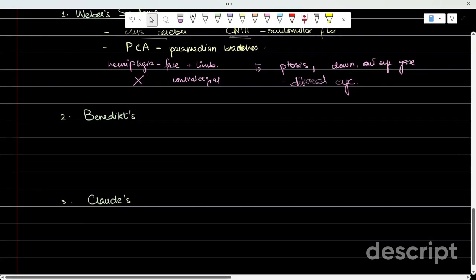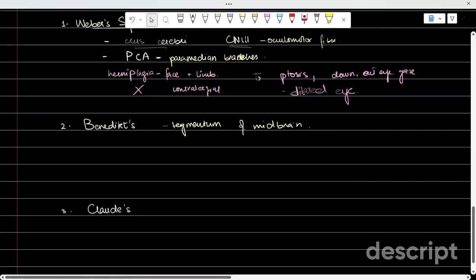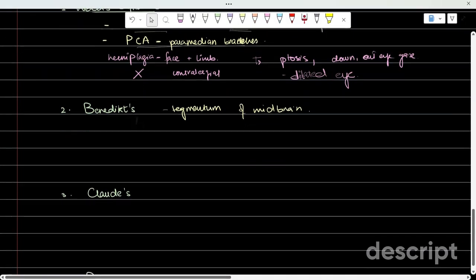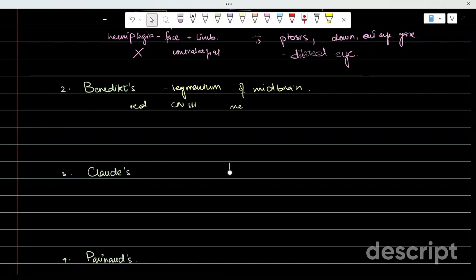The Benedikt syndrome is due to a lesion in tegmentum of the brain. Again, this is due to the paramedian branches of posterior cerebral artery, and the red nucleus and cranial nerve 3 along with medial lemniscus are lesioned in this syndrome.